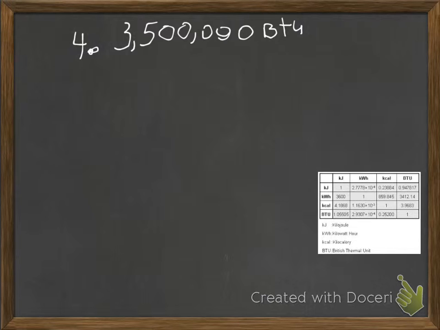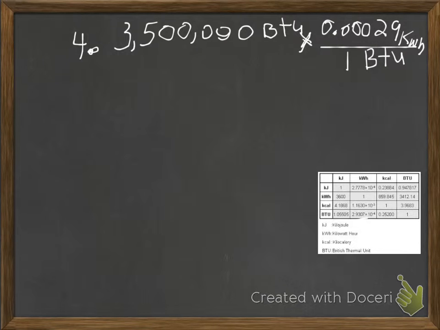If I want to times the number, what I want to do is times it by the conversion of BTUs to kilowatt hours. If I go down to my chart on the bottom corner, I can see that my BTU is equal to this number down here, which is to the -4, so it's actually 0.00029 kilowatt hours all over 1 BTU.